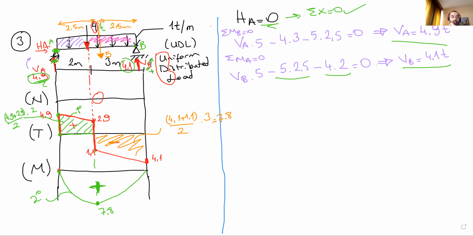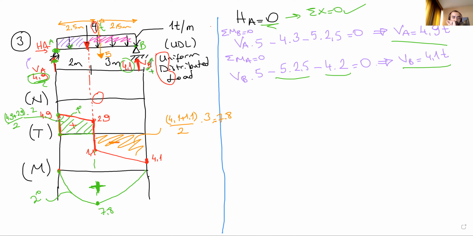So in this purple area, from this support to the concentrated load, there's only uniform distributed load. Take a look at this purple area, calculate the area of this UDL. So the area of that UDL is the magnitude of that portion. 2 times 1 is 2. The concentrated load here is 2. So the arrow goes down.